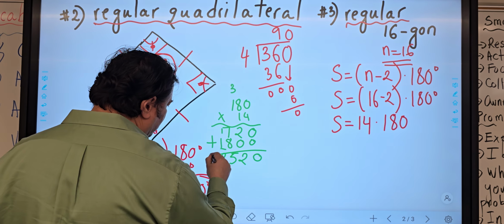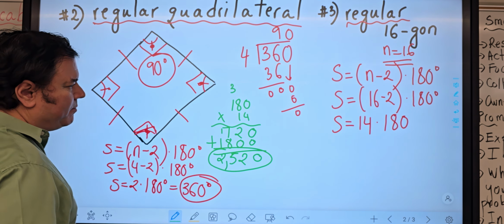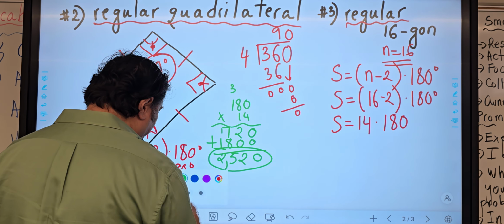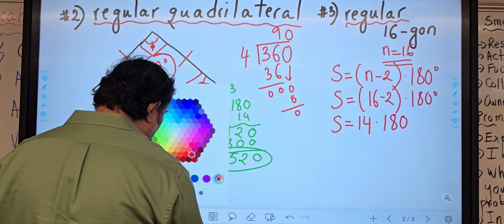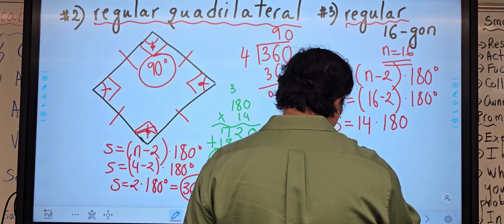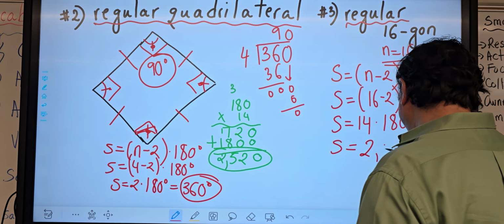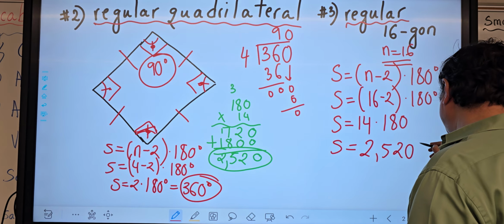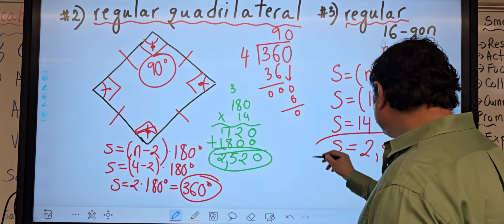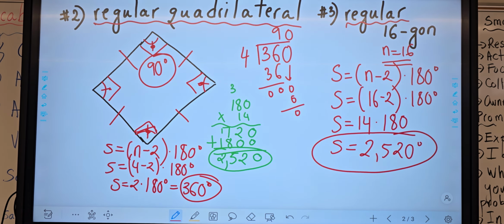So we get 2,520. So S equals 2,520 degrees. And now we have to divide 2,520 divided by 16.